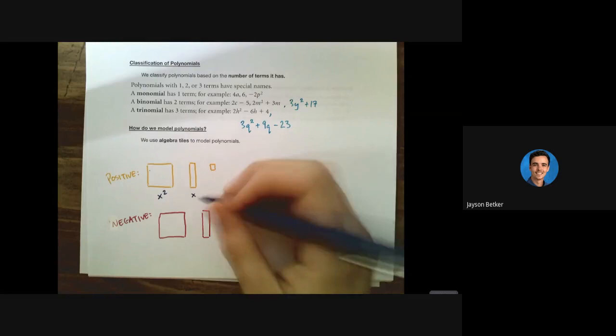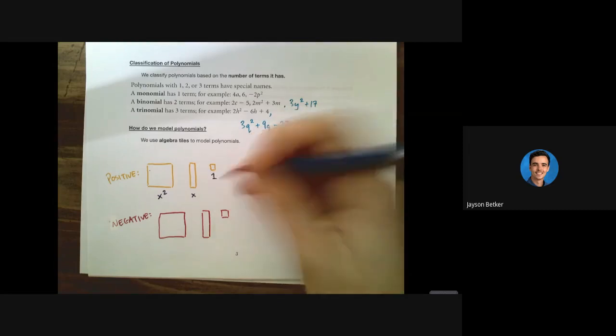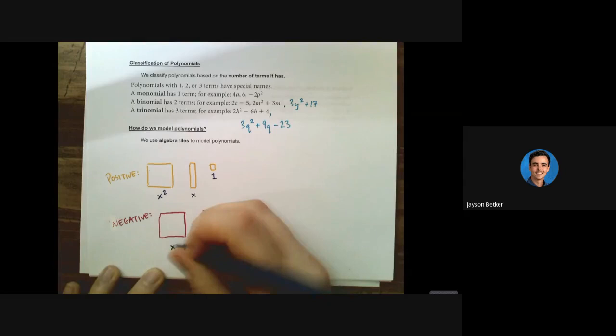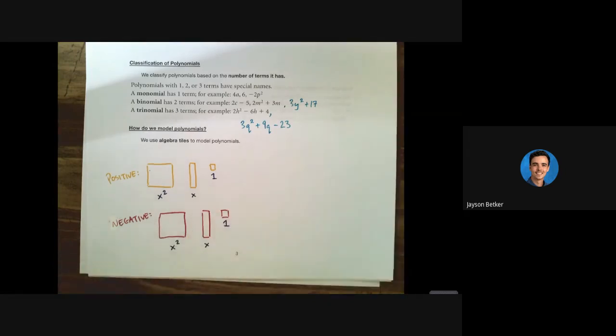And then one of the x's, it doesn't matter what x is. X could be 3, x could be 10, x could be 2,000, but just one of them is just going to be 1. So there's our different values. This right here is x squared, this is x, and this is 1. So that's how we use algebra tiles.